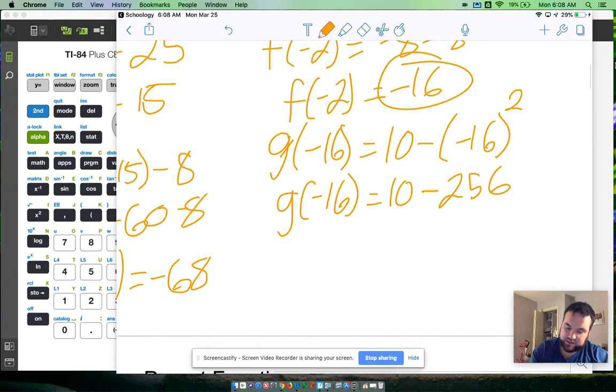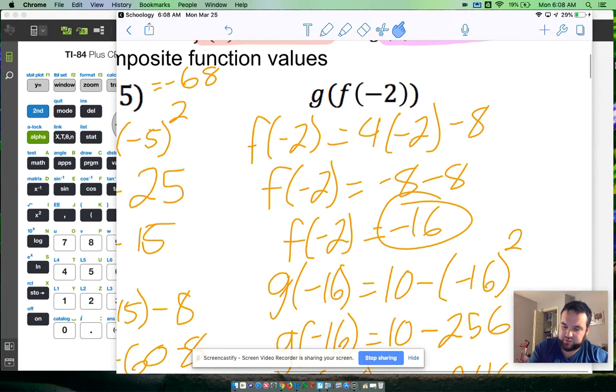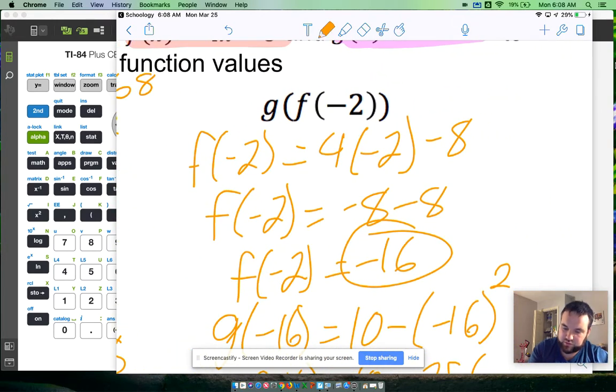Then if I do 10 take away 256, that will give me -246. So g of f of -2 is equal to -246.